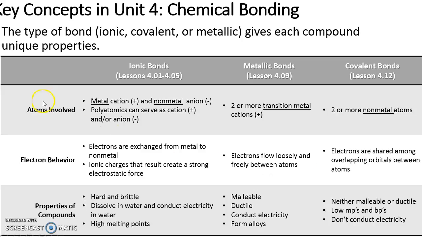This chart just breaks down the types of atoms involved, the electron behavior, and the properties for ionic bonds, metallic bonds, and covalent bonds. So this is an excellent tool for you guys to study from. And you can pause the video right now if you want to read through it.